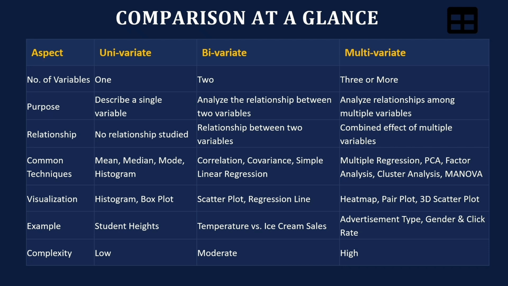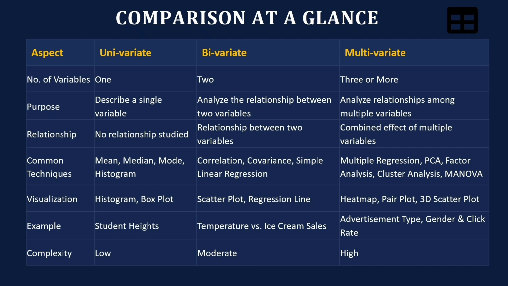Univariate involves describing and summarizing a single variable, bivariate involves the relationship between two variables, and multivariate involves the combination of multiple variables. If we look at the relationship being studied, univariate does not investigate a relationship because it involves only one variable. Bivariate involves a two-variable relationship, and multivariate involves several variables.